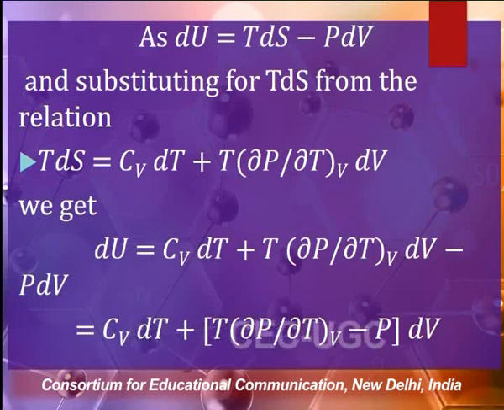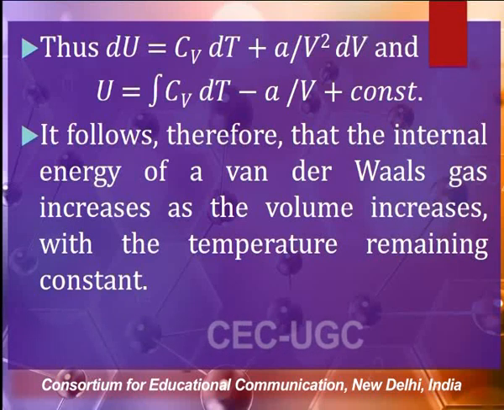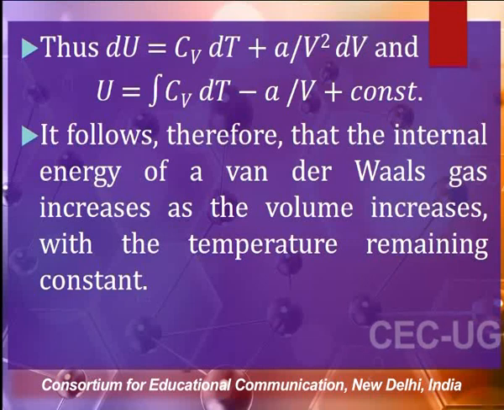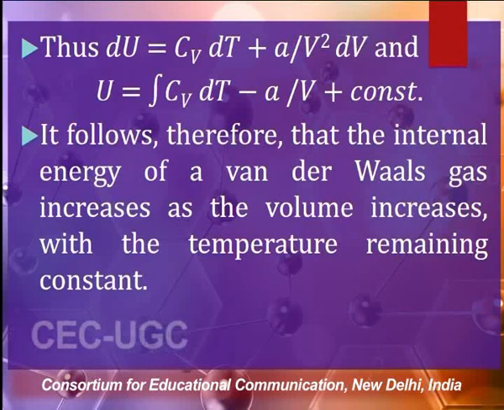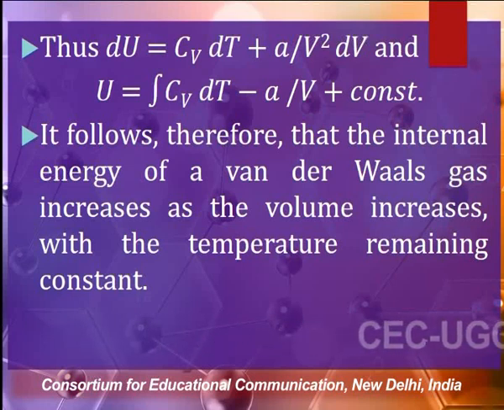So just collecting the terms, what do I get? CV dT plus square bracket T ∂P/∂T at constant V minus P square bracket dV. Thus dU becomes equal to CV dT plus a/V² dV. To calculate the internal energy, I take the integral and I get U is equal to the integral of CV dT minus a/V plus a constant.